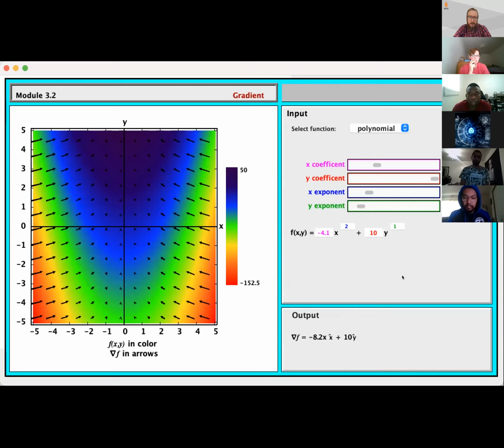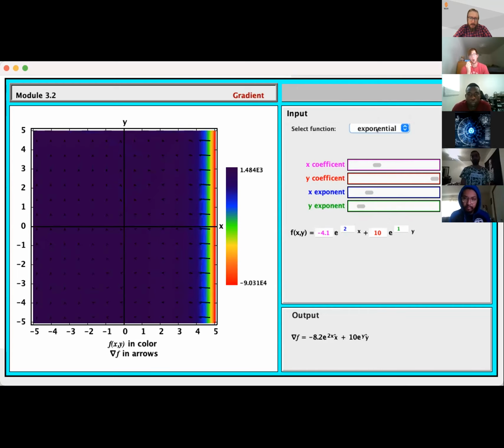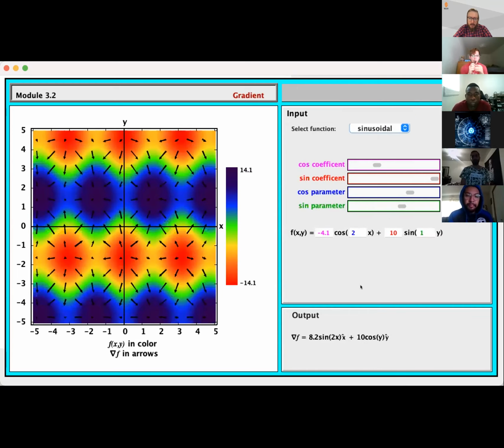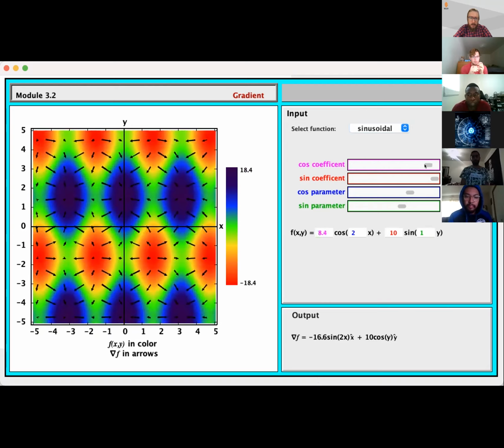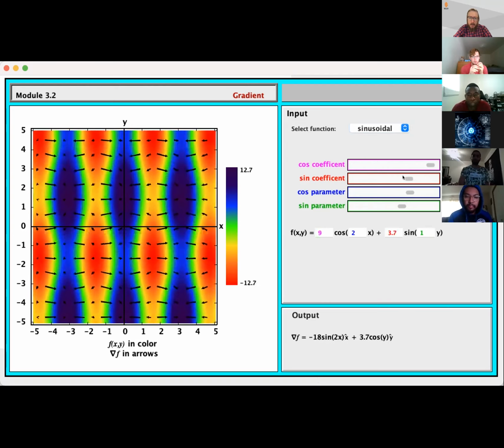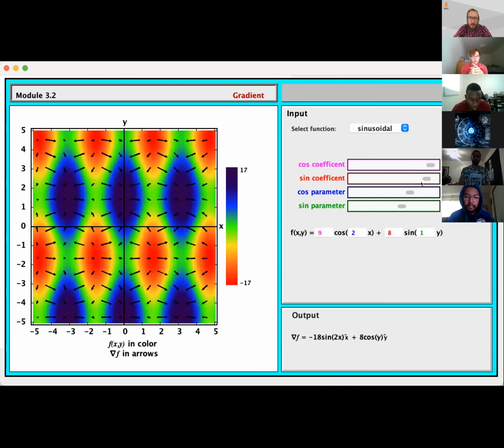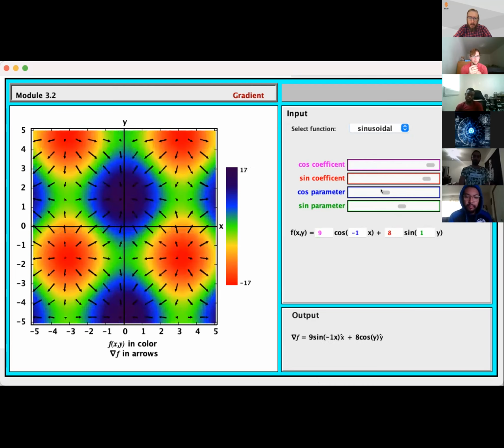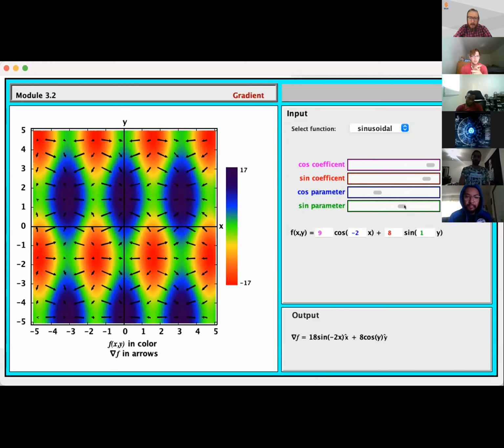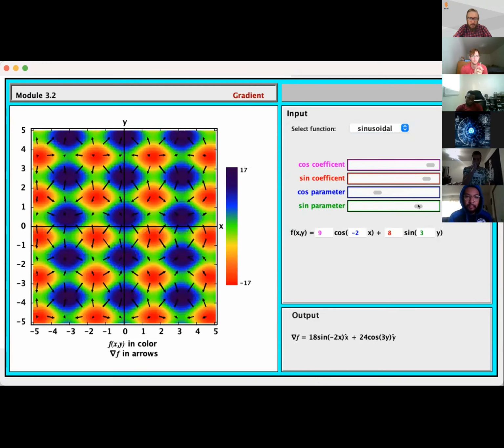So the problem is kind of an open-ended problem, but I wanted you to do this because it's a cool visualization of how the gradient works. You can select different types of functions, sinusoids, exponentials and polynomials, and you can use these sliders to change the different coefficients or parameters in the function, and you can see how that affects the gradient of the function.